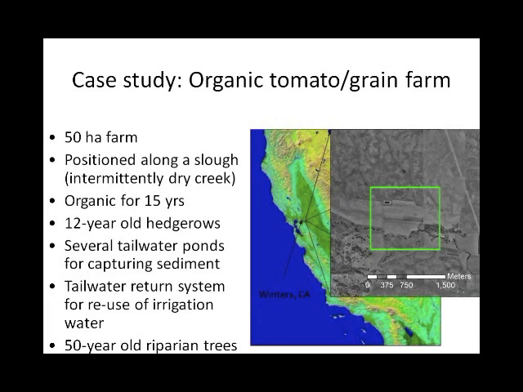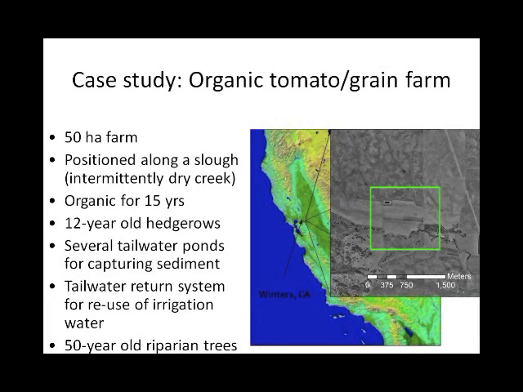I'm going to be highlighting one case study that we did on an organic tomato and grain farm, and this is run by Rominger Brothers Farms. You can see that the location of the farm is a couple hours east of San Francisco, near a little town called Winters. I'll be showing more details on the farm, but it's highlighted in green. It's about a 50-hectare farm.